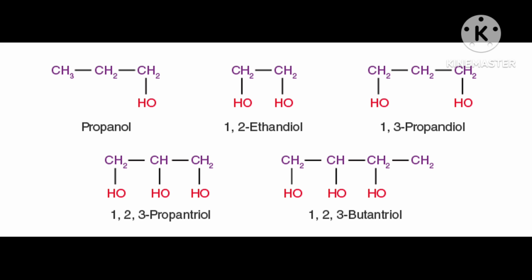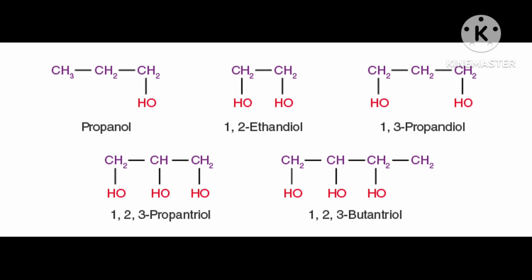Ortho means what? 1,2 substituted. Meta means 1,3. With respect to the first carbon, 1,2 is ortho, 1,2 substituted.